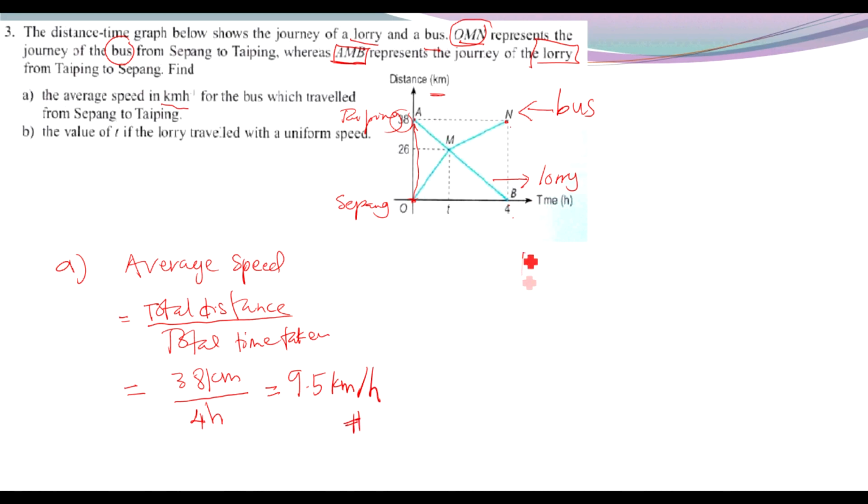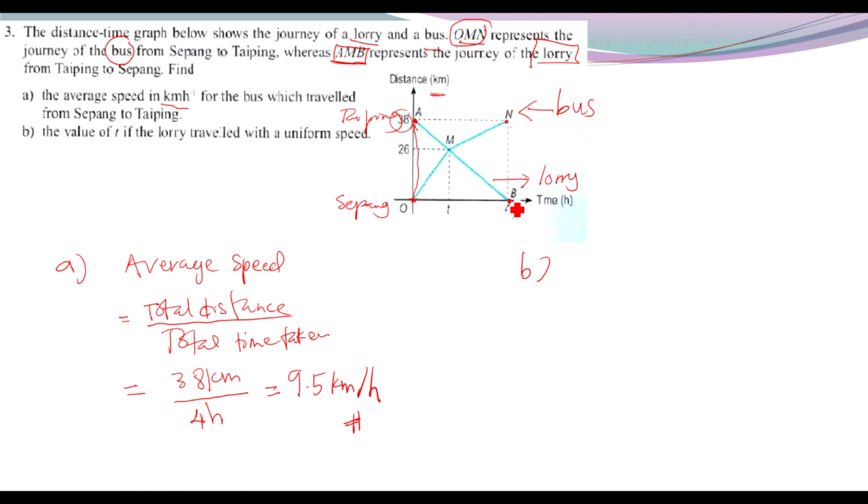And then for question B, the value of T if the lorry travels with a uniform speed. That means A and B for the lorry is uniform speed, so the gradient is the same from A to B. How to find T?